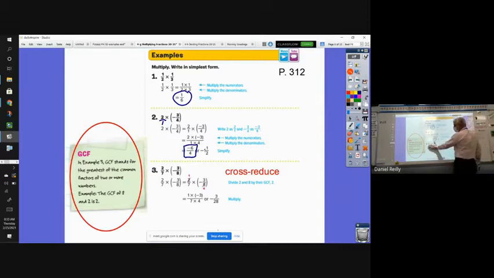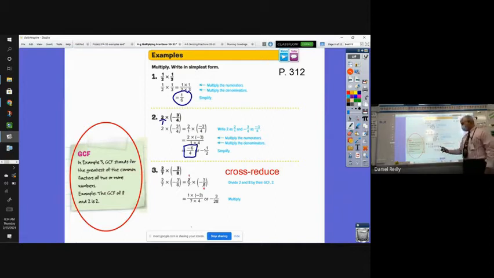So when you are multiplying fractions, if you look at the numerators and the denominators and they are both divisible by the same number, they have a common factor, like when you're simplifying fractions, right? 2 and 8 are both divisible by 2. So you can divide a top number and a bottom number by the same thing to make the multiplication easier.